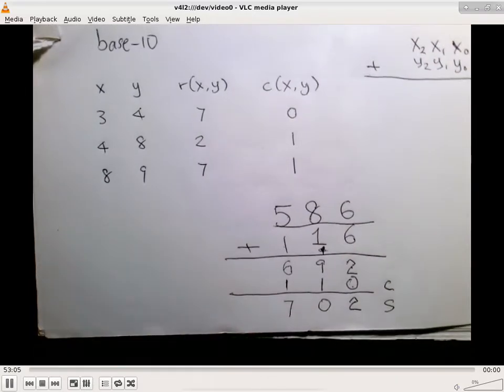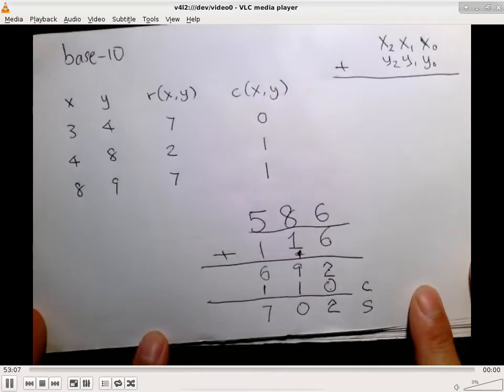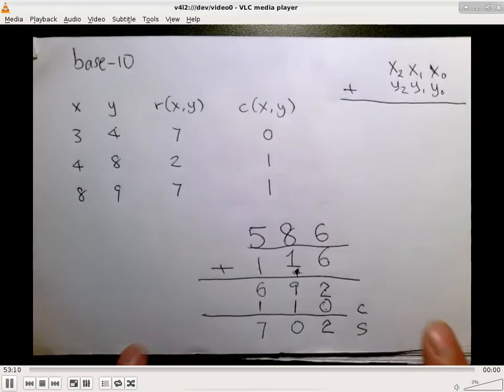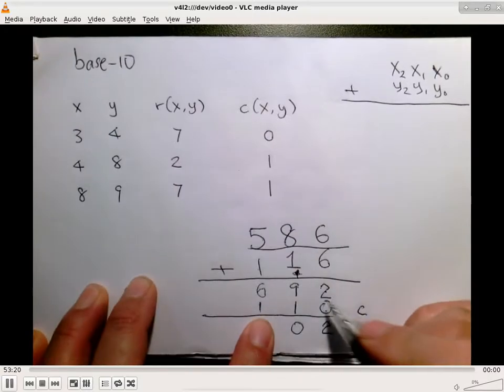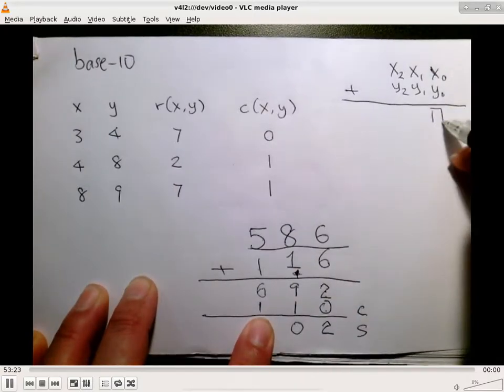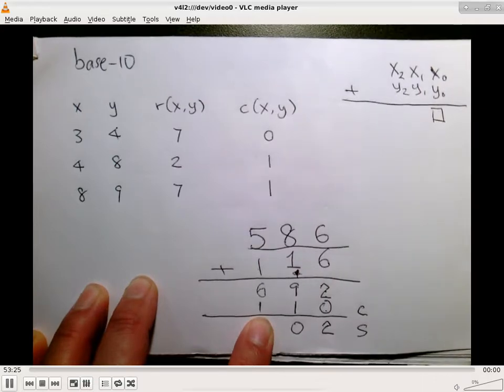Okay? So now I want to say, how do I utilize R and C to spell out how addition is performed? What do you think? What do you think this 2 corresponds to here? What is going to be that thing? Yep. Exactly.